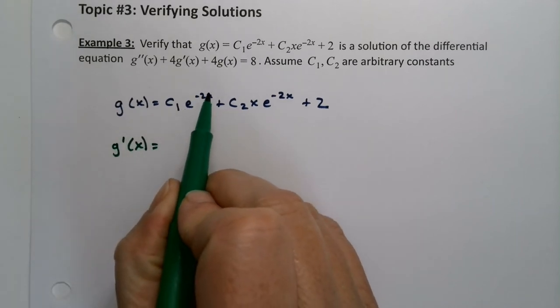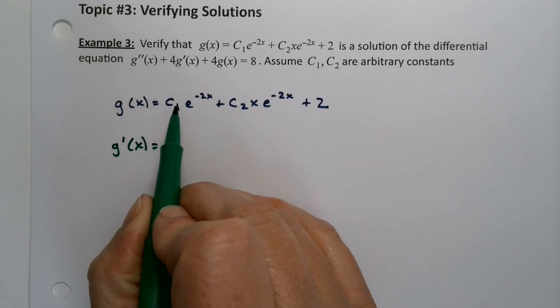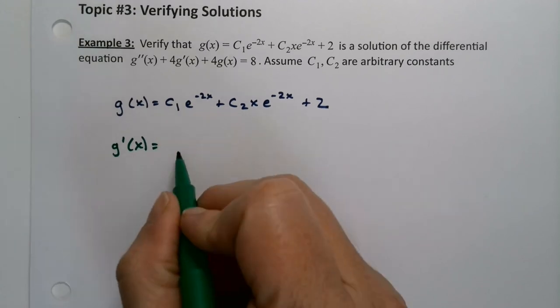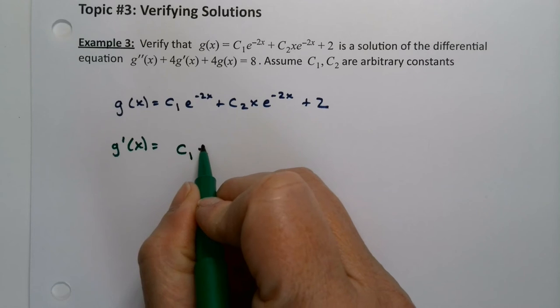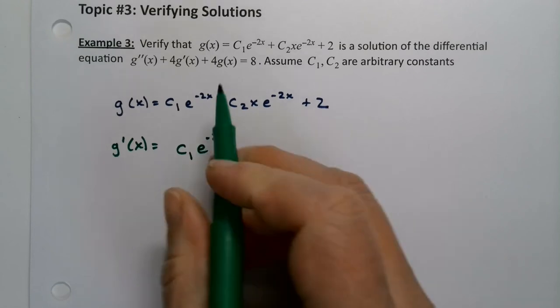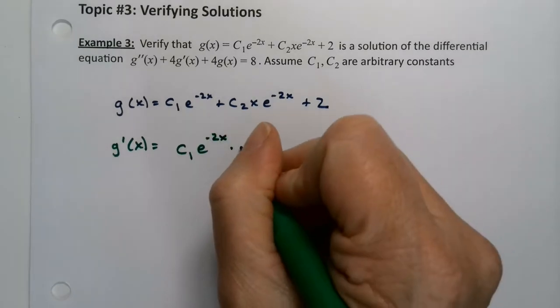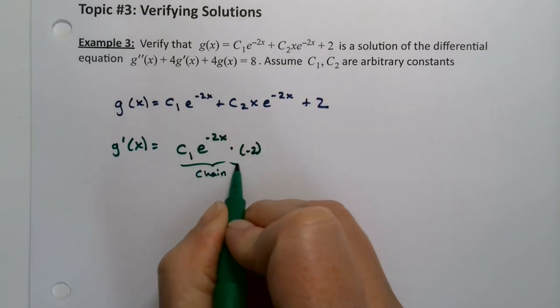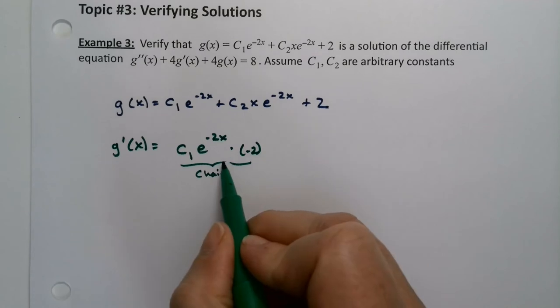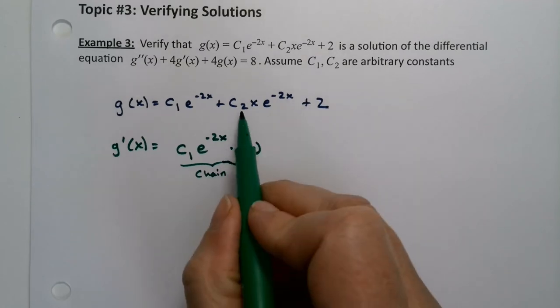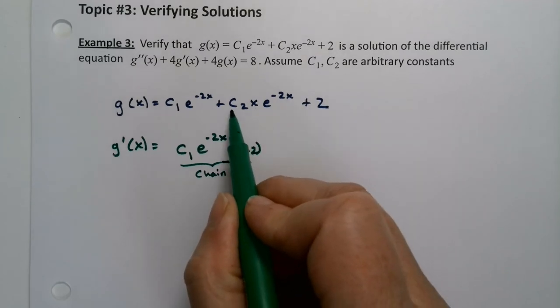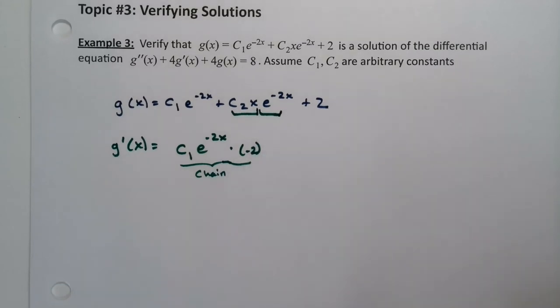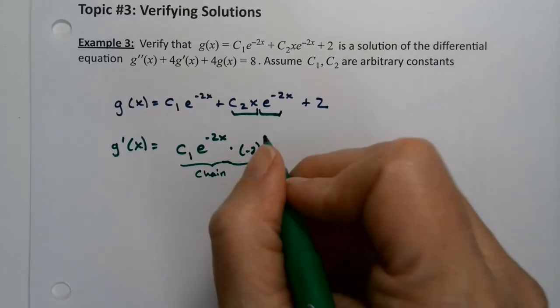Now to take the derivative of this, remember c is a constant, so that's kind of irrelevant. So it'll just be c1 e to the negative 2x times the derivative of the inside part, which is negative 2. Hello, chain rule. And then we have the second piece, which is going to be a little bit trickier because we need product rule as well as chain rule.